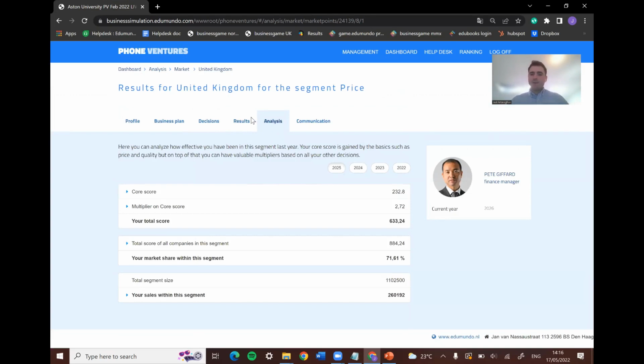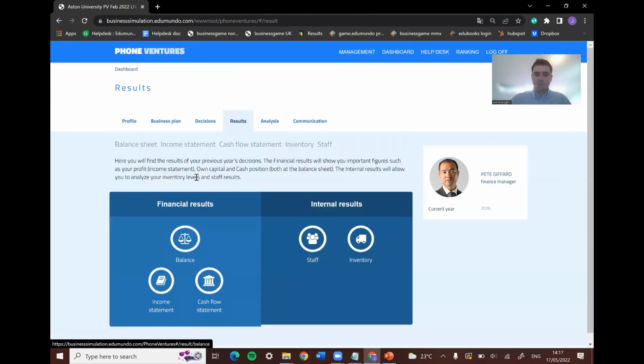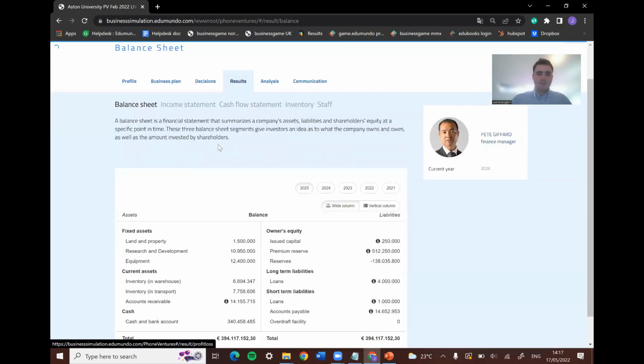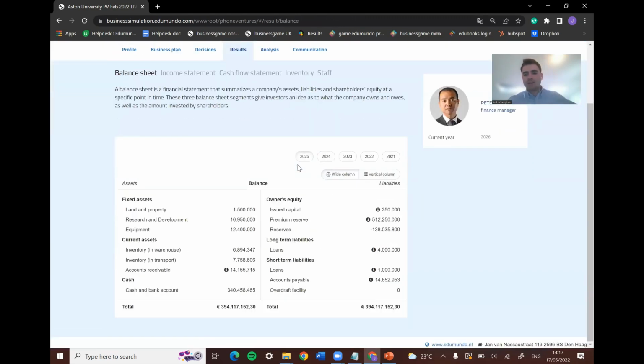The final bit of internal analysis that you're going to have to conduct is taking a look at your results section, where you can take a look at your financial documents, as well as your inventory graphs and staff metrics. We're going to start off with the balance sheet, and on this balance sheet, there are a few items that you really want to focus on.